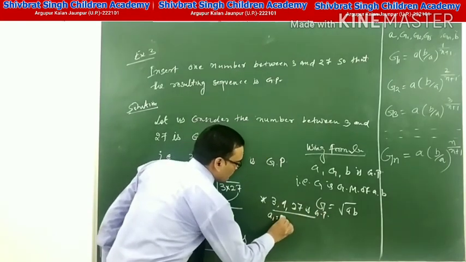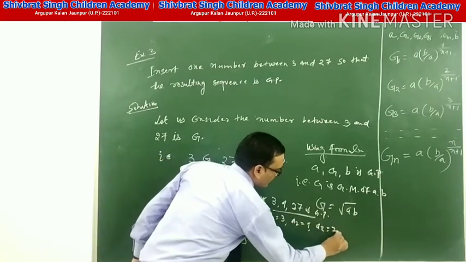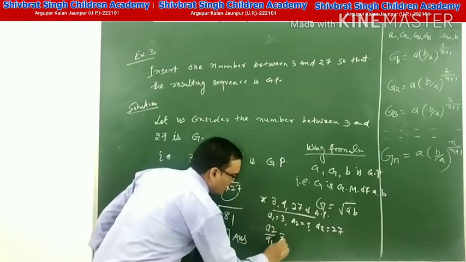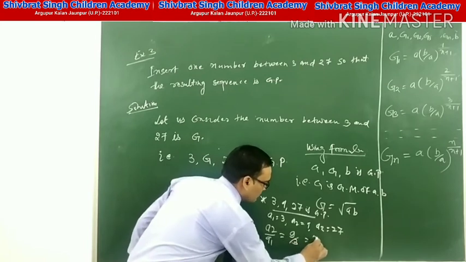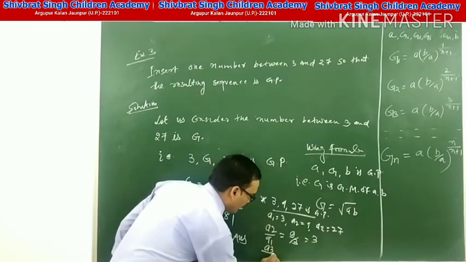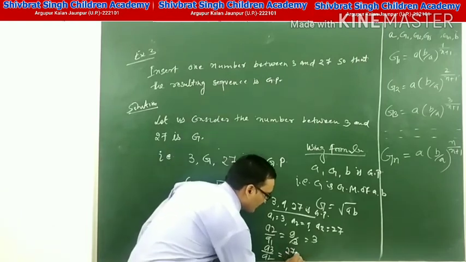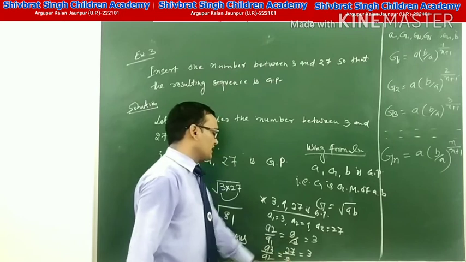Here a1 equals 3, a2 equals 9 and a3 equals 27. Find the value of a2 upon a1, which equals 9 upon 3. This equals 3. a3 upon a2 is equal to 27 upon 9. That means this equals 3.